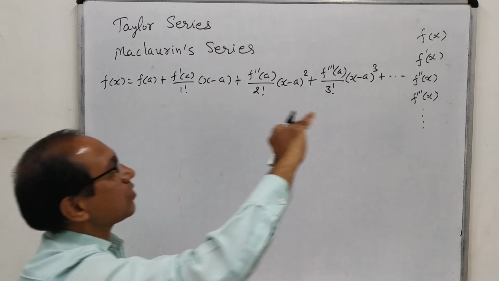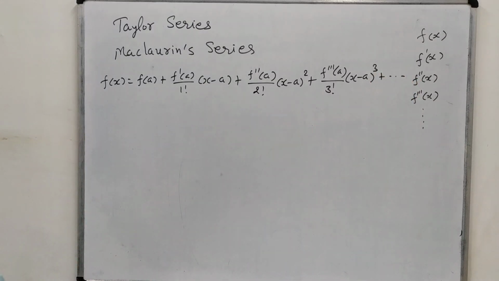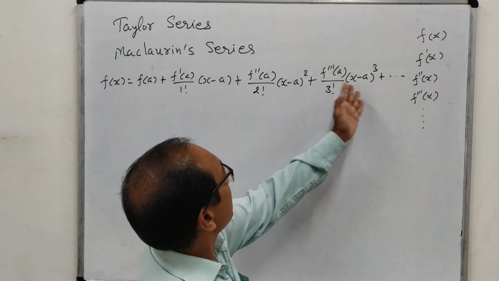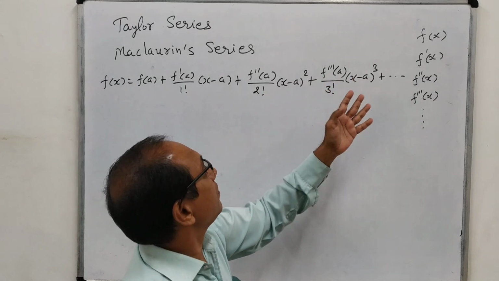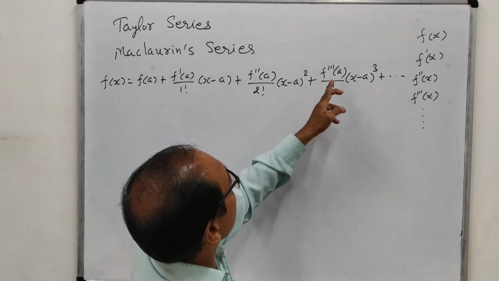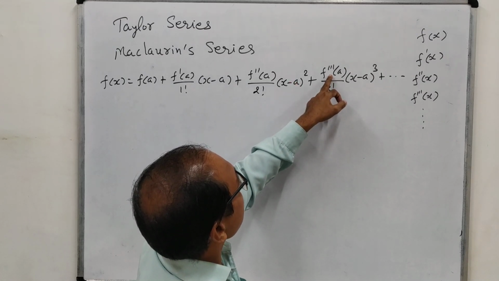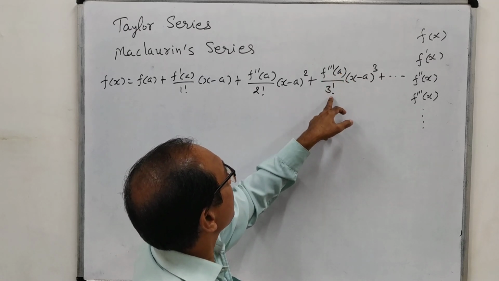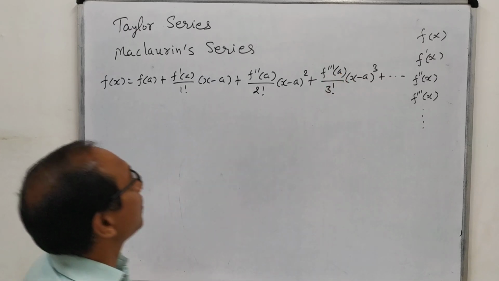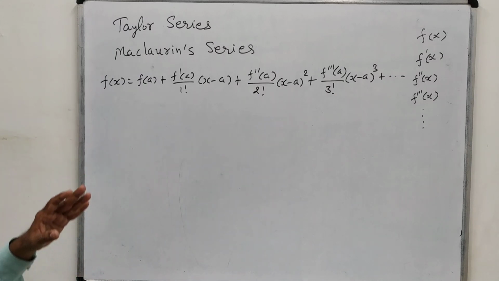Plus dot dot dot means the other terms you can write down yourself directly. If we require the fourth derivative, fifth derivative, then we can add them in the same way. In the next term we can write the fourth derivative divided by 4 factorial into x minus a whole raised to 4, and so on.